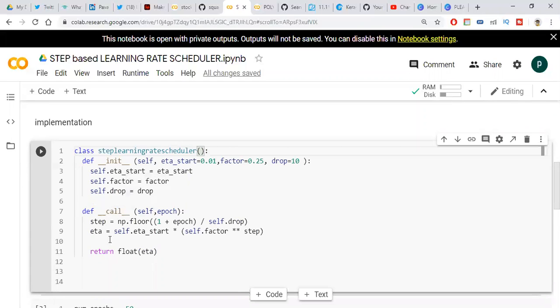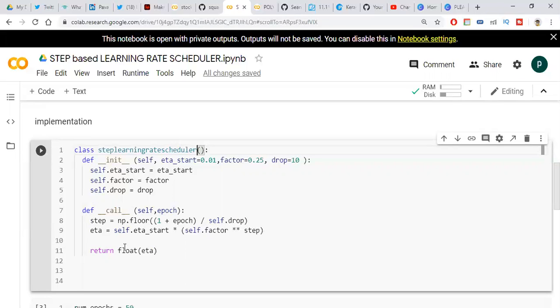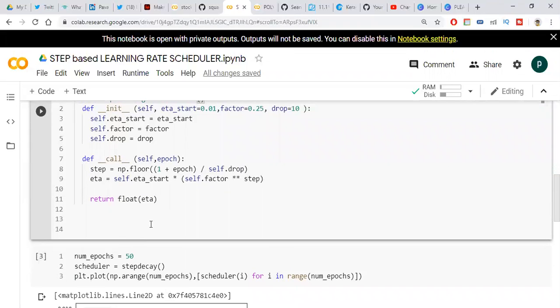Why do I give a float variable? Because the learning rate is not an integer. It may be 0.09, with some decimal points also. That's why I gave a floating point data type. So this is the implementation.